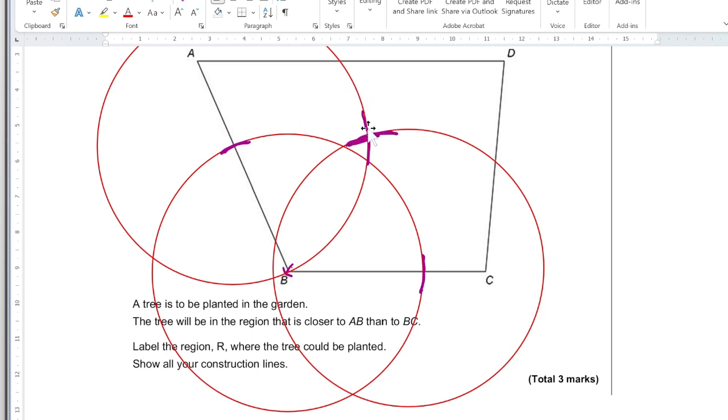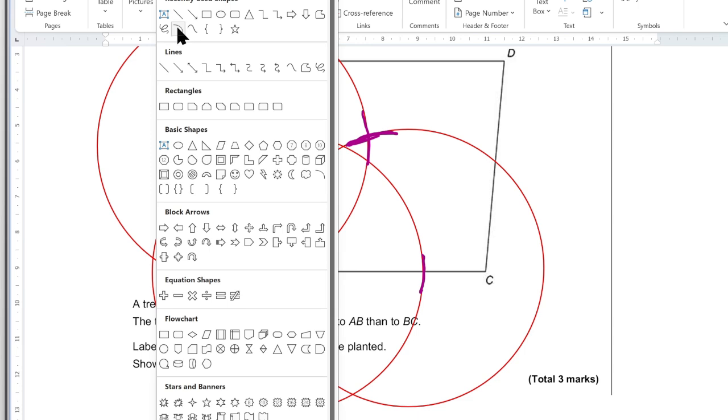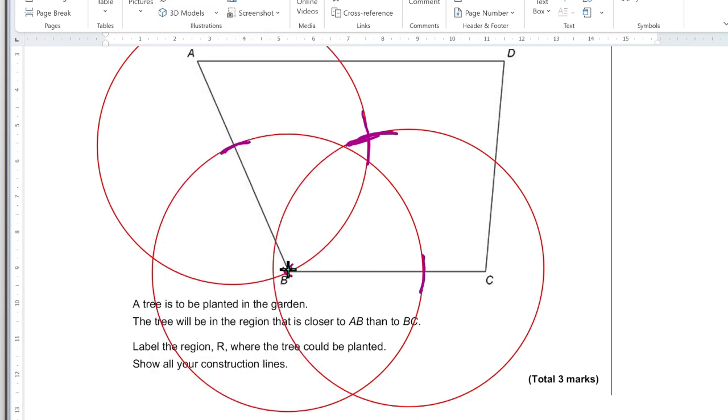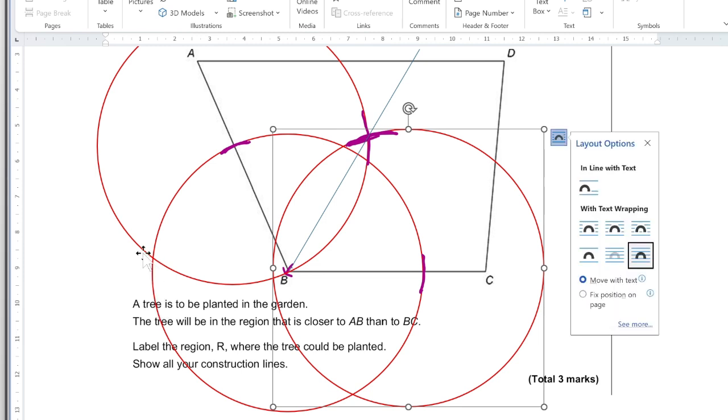So where these two compass lines have double crossed, that becomes my point for the bisector of the angle. So I'm going to go through B and then through my double arc and extend the line. Technically, what I'm going to do is just change these colours, hopefully.